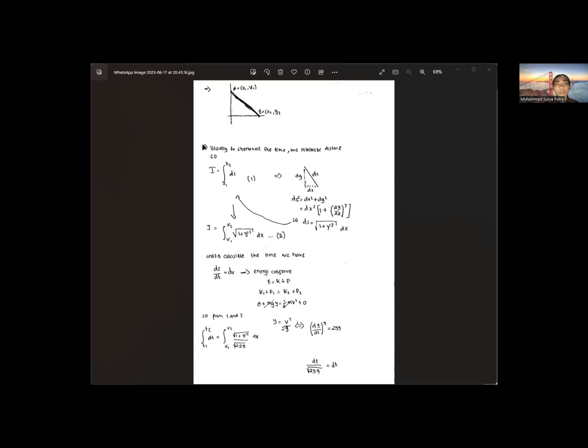From this equation, we substitute ds here, because we want to calculate the amount of time the roller coaster spends. We use velocity, because velocity contains time: velocity is ds per dt.